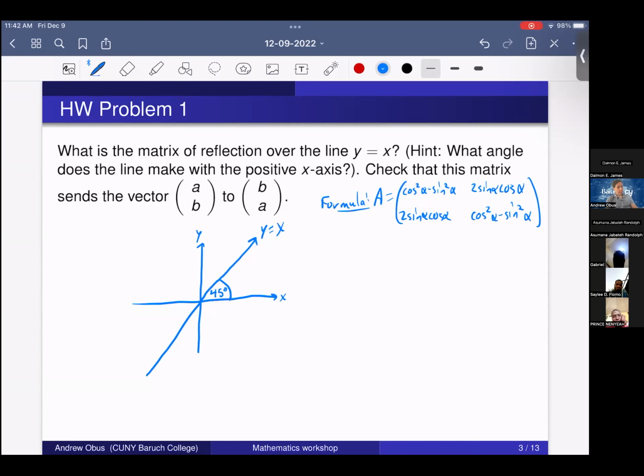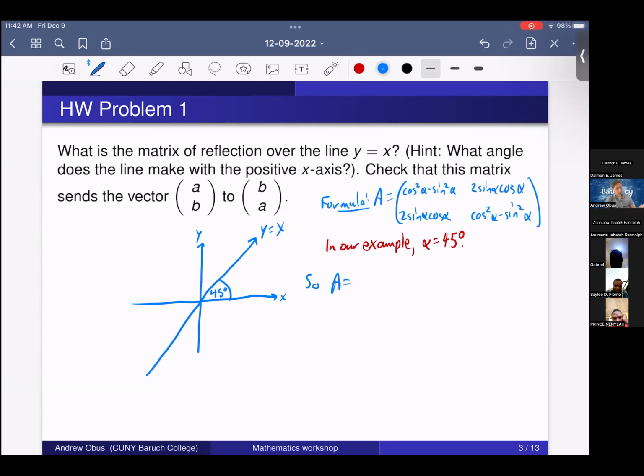And now in our example, as Prince said, alpha is equal to 45 degrees. So we just have to plug that in. So what are we going to get?